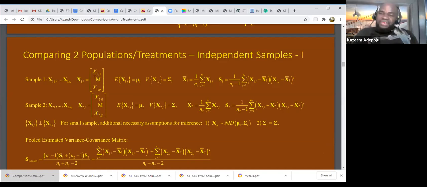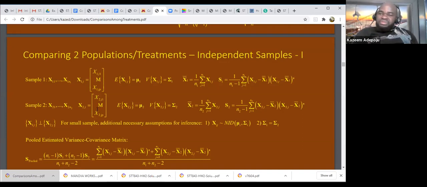It's like comparing the economic variables of one country with another country, or comparing the measurements of patients who have COVID-19. Maybe these are their variables: the blood pressure, the weight, the height, and so on. Maybe you collected this from one country, for instance the United States, from some set of individuals. But the second sample, maybe you collected from somewhere else.